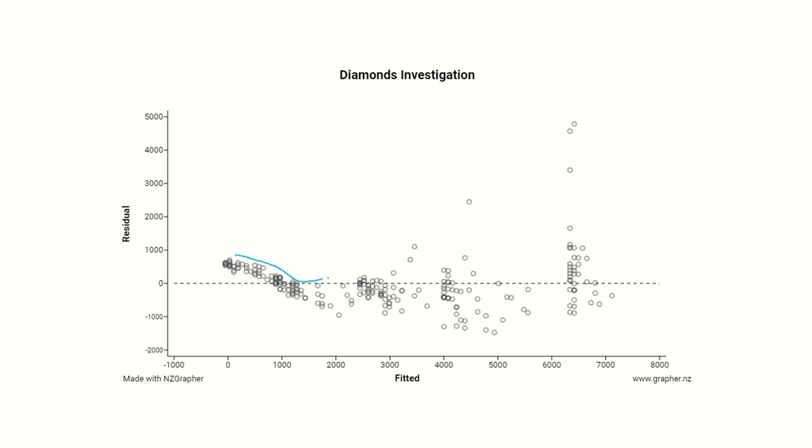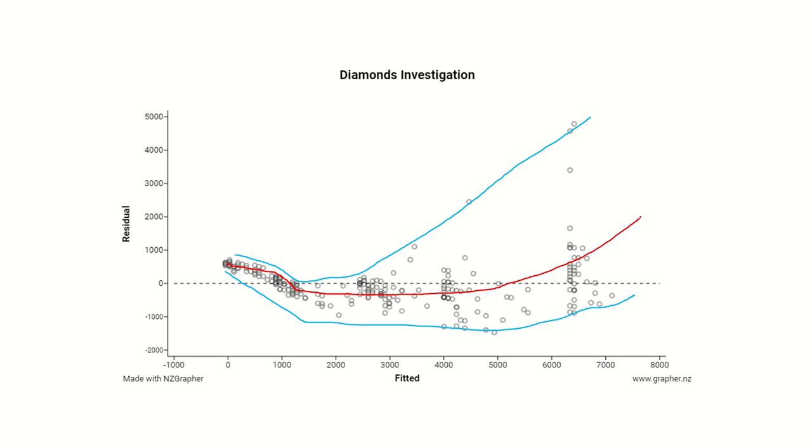So again, I'm drawing a line hitting the top points and a line hitting the bottom points. I can see that overall the trend, if I was to draw the trend through the middle there, there's the middle and there's a curve. So this again shows me the same pattern as I saw on the original graph, just the spread and the scatter is amplified when I'm looking at a residual plot.